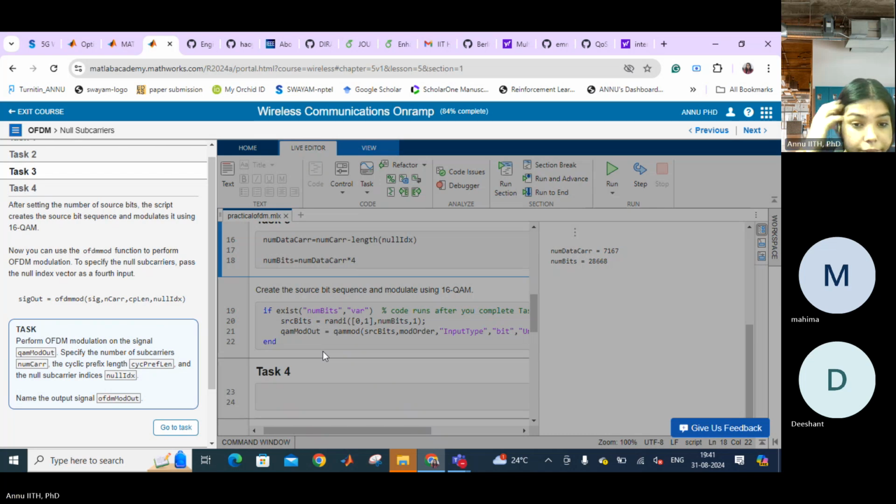So now you can use the OFDM mod function to perform the OFDM modulation to specify the null subcarriers. Pass the index vector as the fourth input, null index. So perform the OFDM.